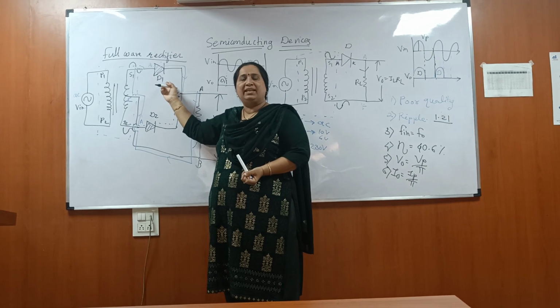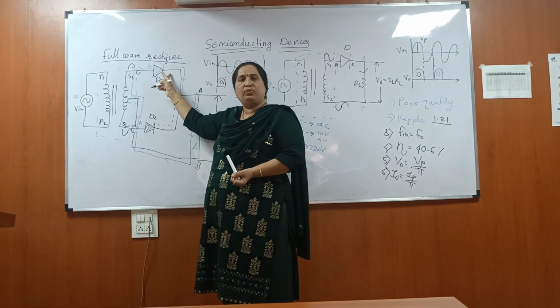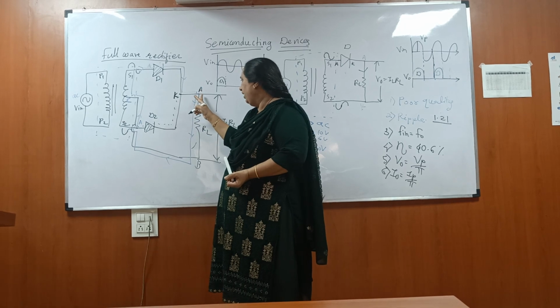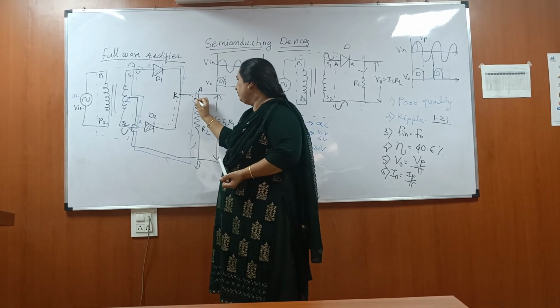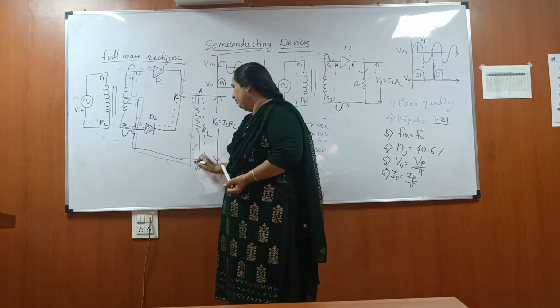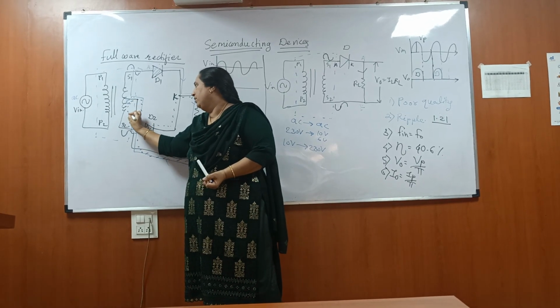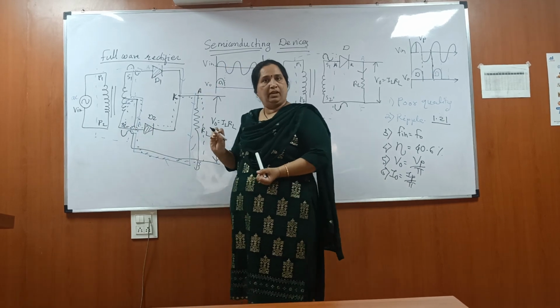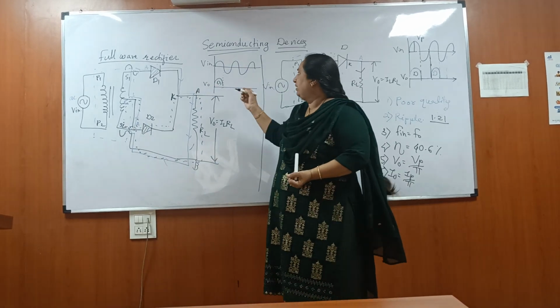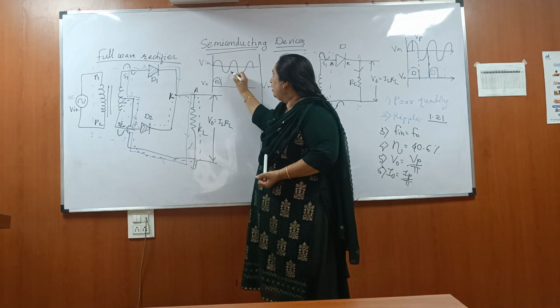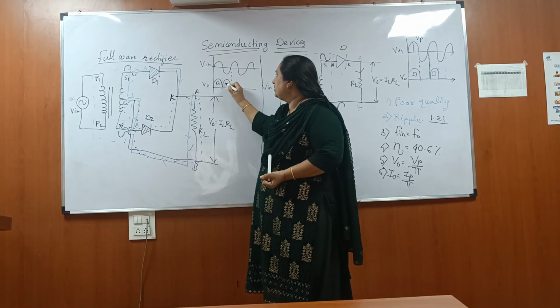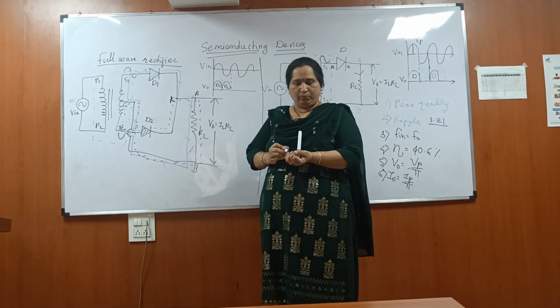Its resistance is infinity, so current cannot flow through this path. Current flows from A through RL to the center tap to S2. Means during the negative half cycle, diode D2 conducts and we get output.